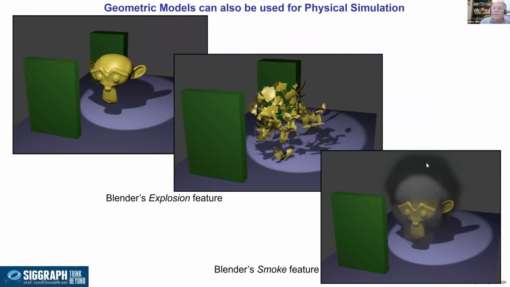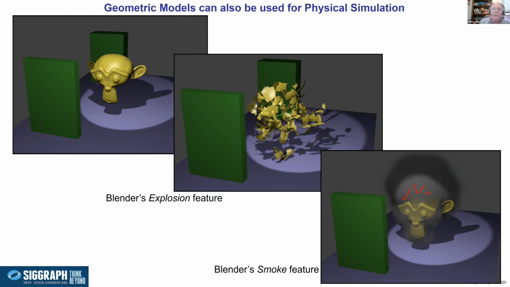Oh, and there's all kinds of other things you can do, special effects. I'm very high on using Blender for a lot of these examples. Blender has this quick automated explosion feature. You know, if you can't explode a monkey, what's the point? If you can't set a monkey on fire, what's the point? But again, modeling is a big deal.